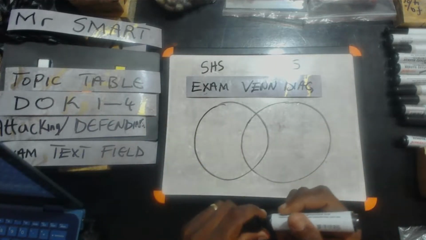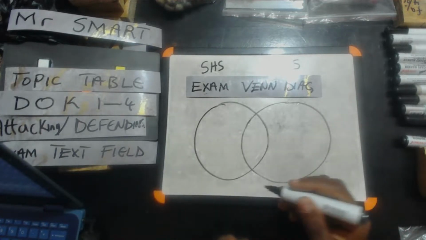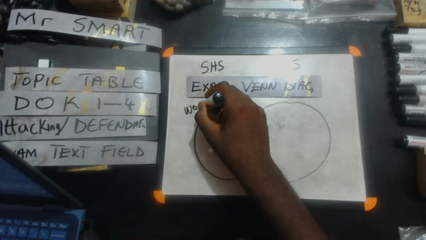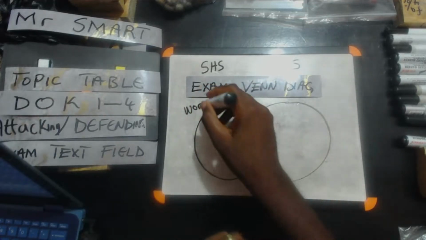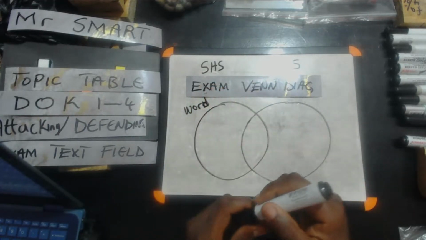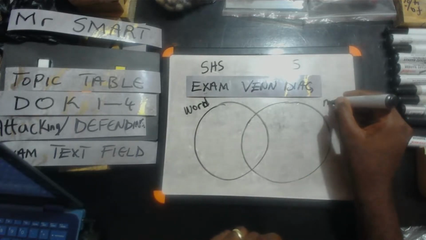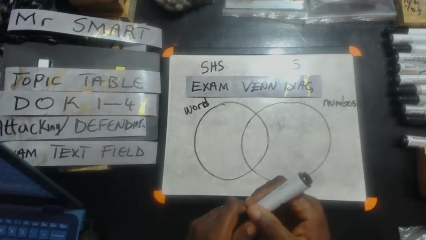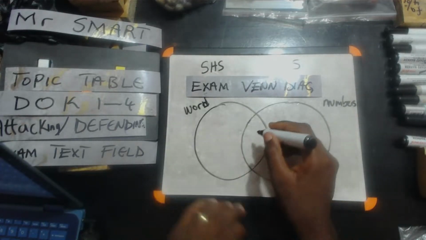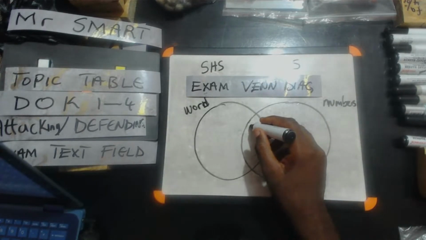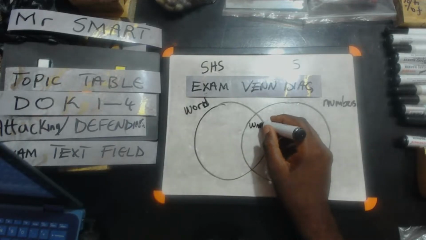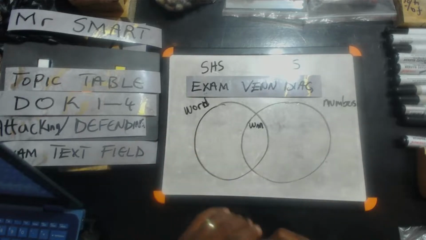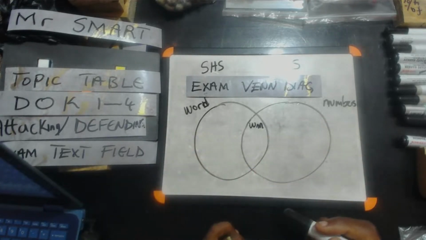It's either the paper is more words, a word paper, so to speak, or it contains more numbers, or maybe it has an even balance of word intersection numbers. So these are the three different categories.